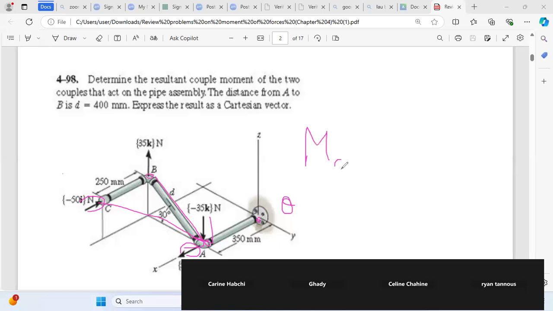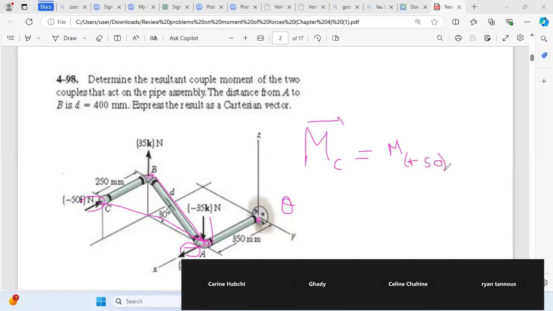Another way to calculate the moment of this couple: since there are two opposite forces, minus 50 and 50, you can select any point in space, and the moment of this couple is the moment of the other force about this point. It's easy.